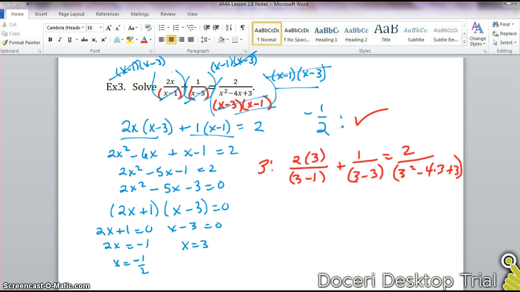Okay, so that's what it looks like. And the first term is going to be 6 over 2, or 3. But when we get to this next term, this is going to be 1 over 0, which of course is undefined. And for this one, this is going to be 2 over, that's 9 minus 12 is negative 3, and negative 3 plus 3 is 0.